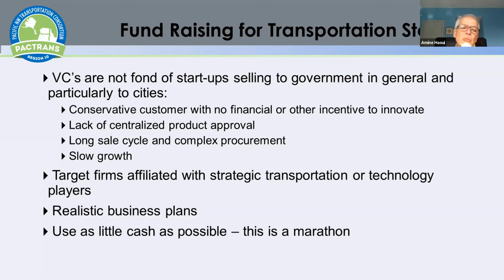So what I highly recommend when you go out to raise money is that you target venture firms that are affiliated with transportation companies, the OEMs, which have their own venture funds.